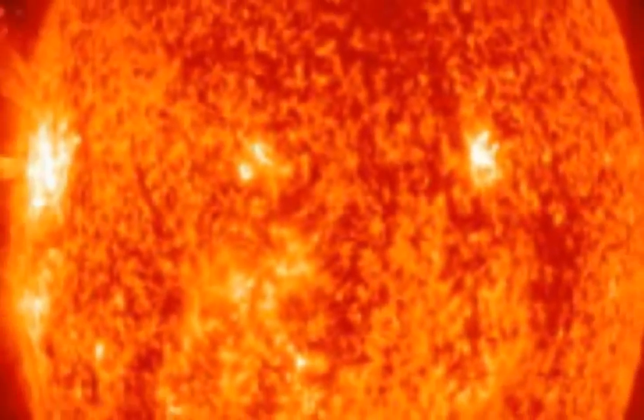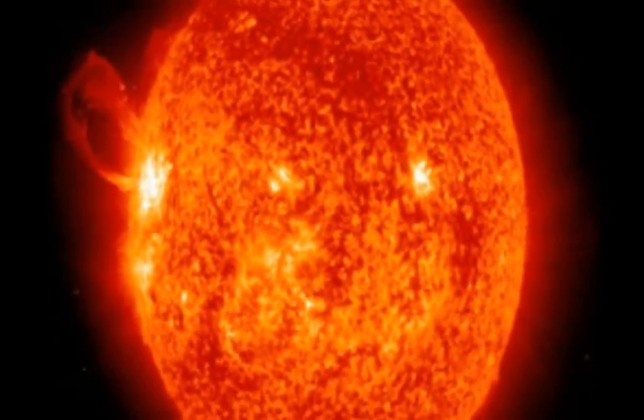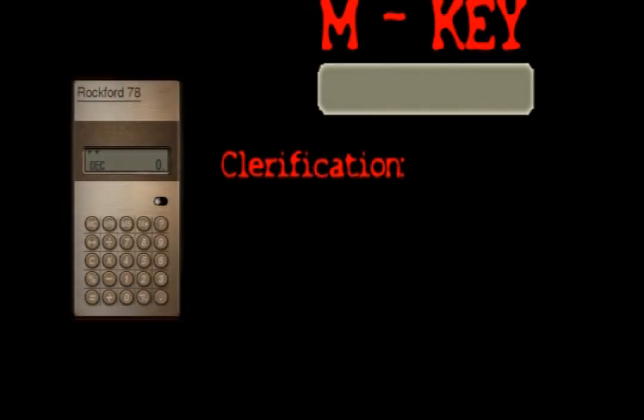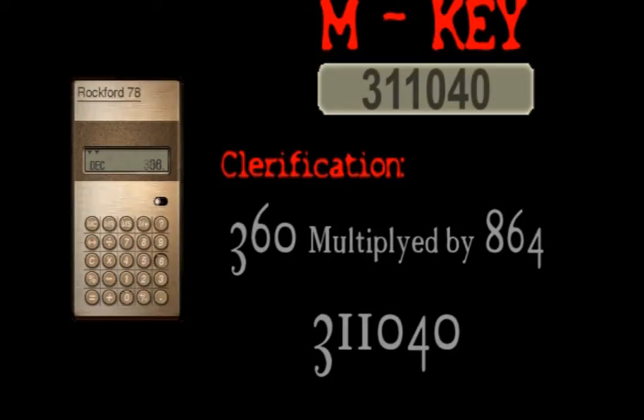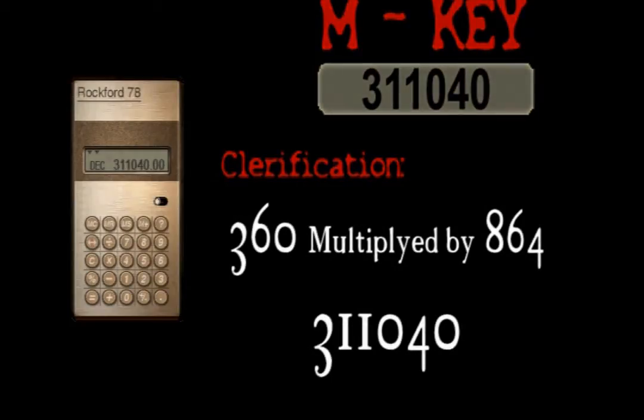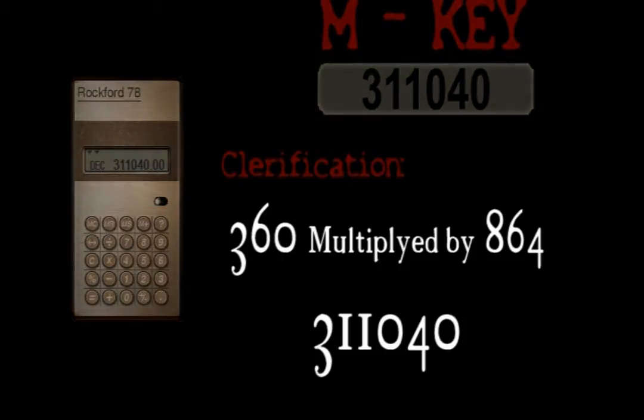So what is the importance of this number 360? Well, let's see. What if we take the number of Pythagoras, which is 864, and multiply it by the number of the sphere, which is 360? What number do we find? 311040.